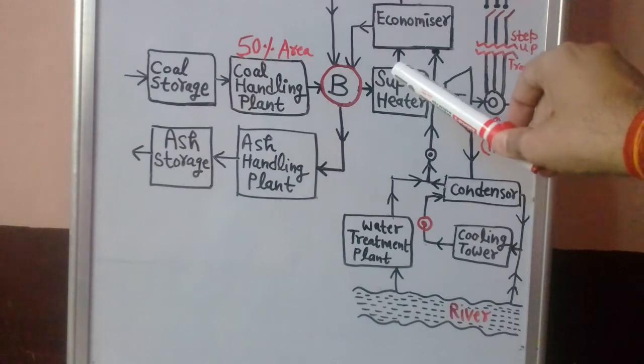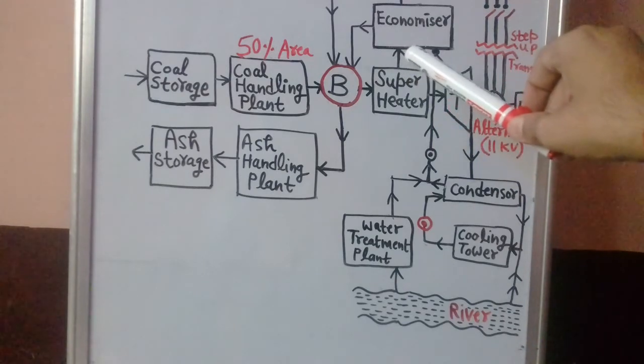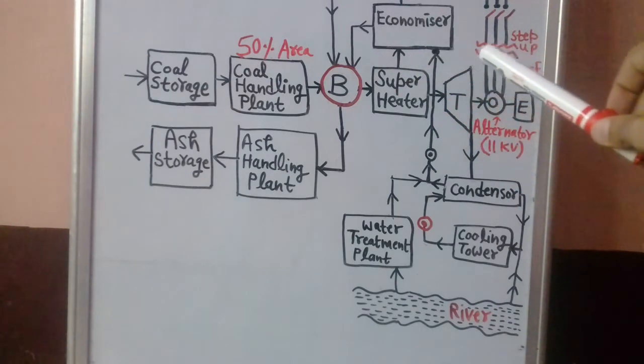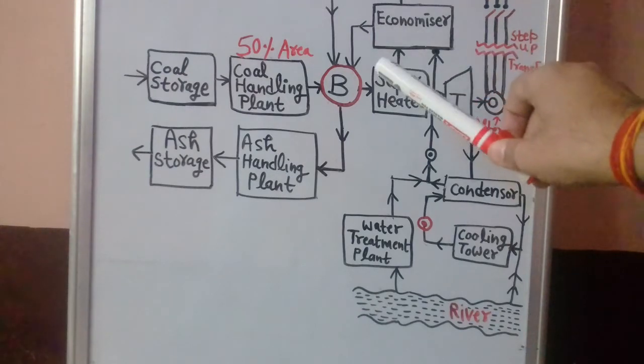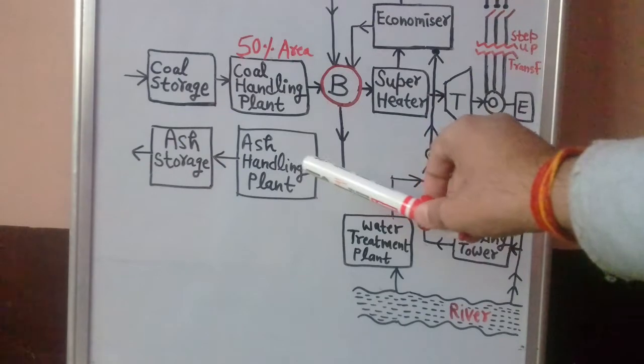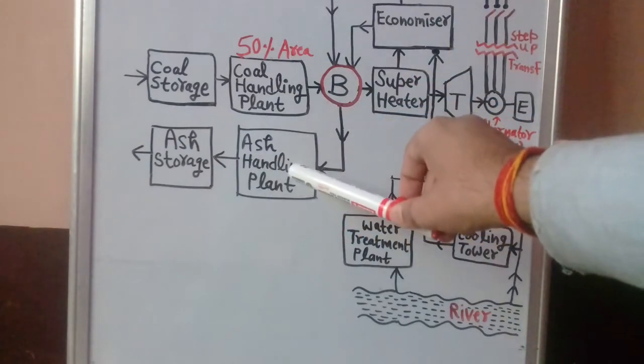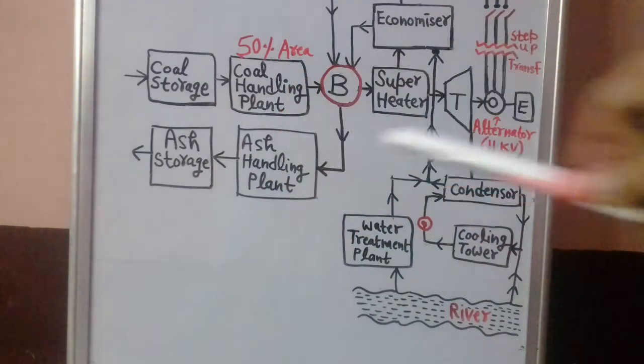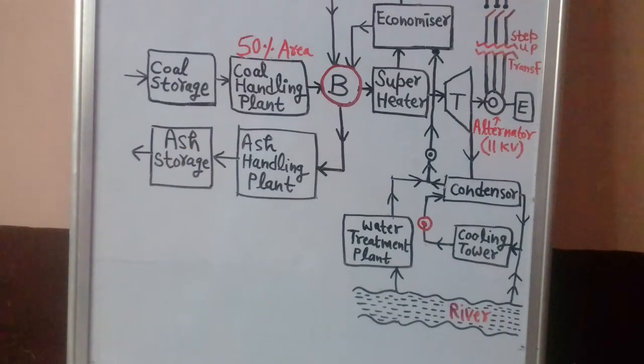And 10% of that, that means around 2,000 tons, will be the production of ash, that will be given to the ash handling plant, and eventually to the ash storage, to be given to the cement industry, brick making industry, and for all other industrial utilization of the ash.